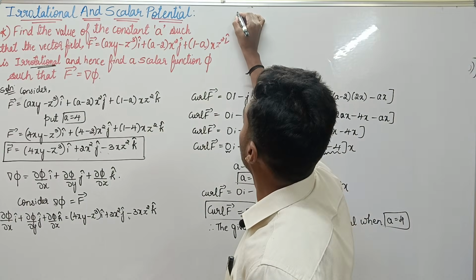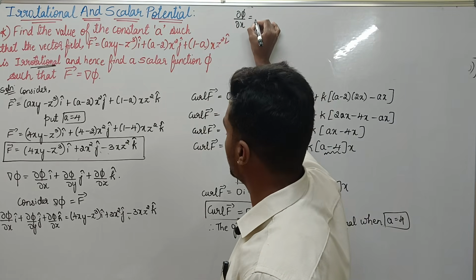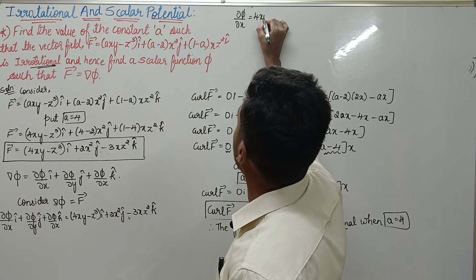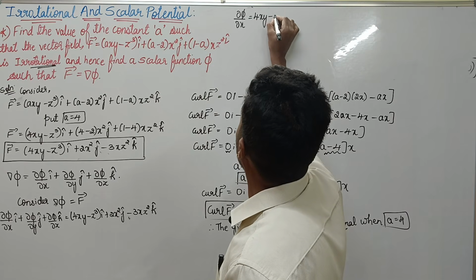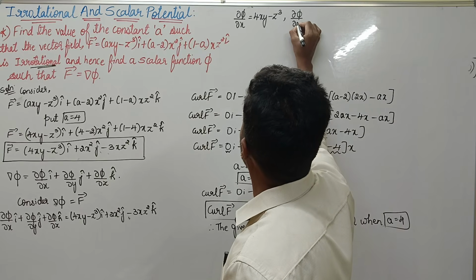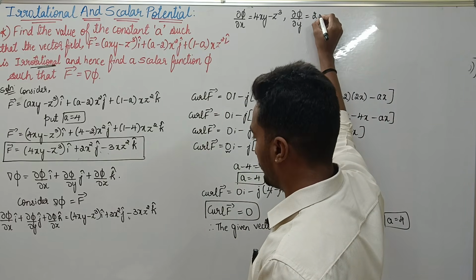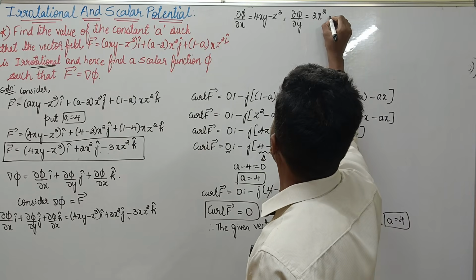That is, ∂φ/∂x, which is equal to 4xy minus z cube. Similarly, ∂φ/∂y, which is equal to 2x square.